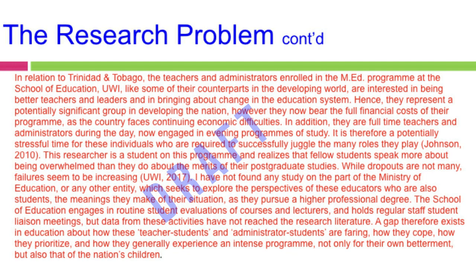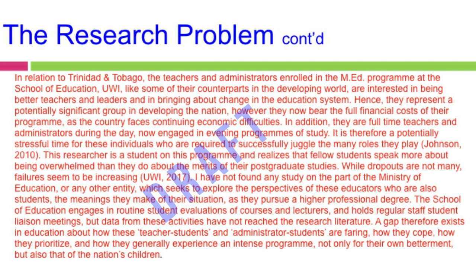So in addition to the global literature and the importance of postgraduate work, I, as researcher, which would be somebody on your program researching you, would give anecdotal evidence, observations that they are using to construct the program. While dropouts are not many, failures seem to be increasing. UWI 2017, now that is wrong, I just made up that.